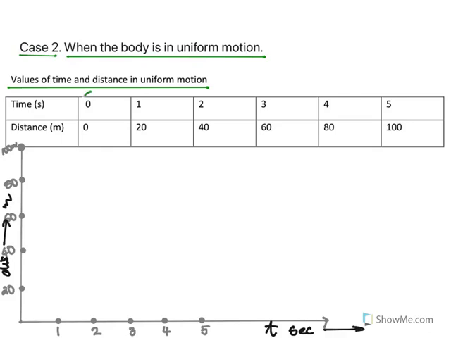The first observation, time 0, distance 0, and the point would be at the origin here. Next observation, time 1, distance 20. So it would be somewhere here.